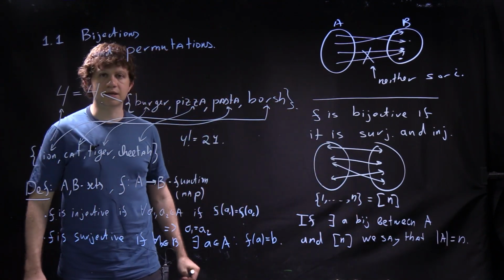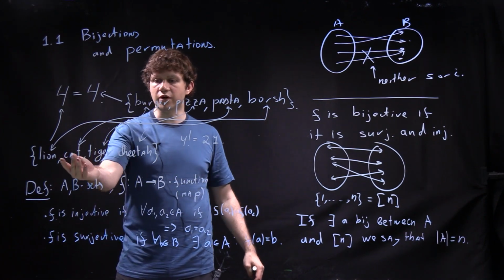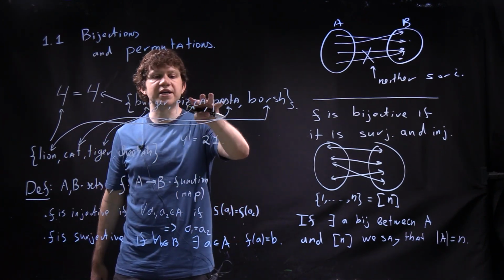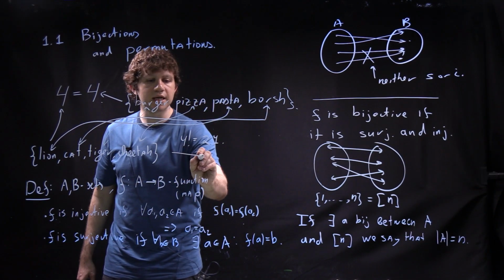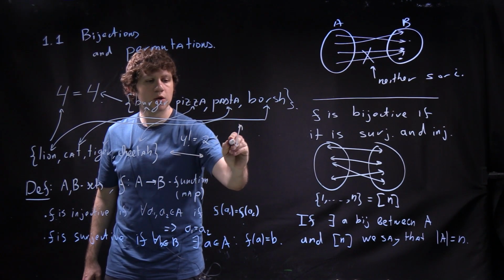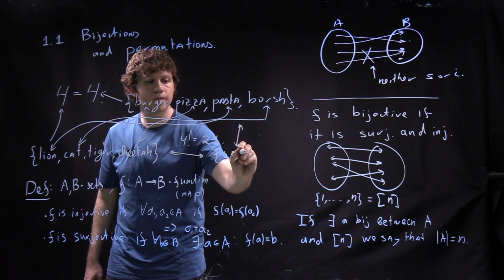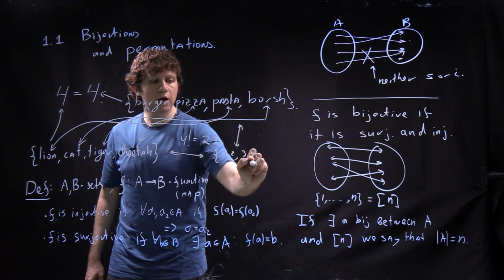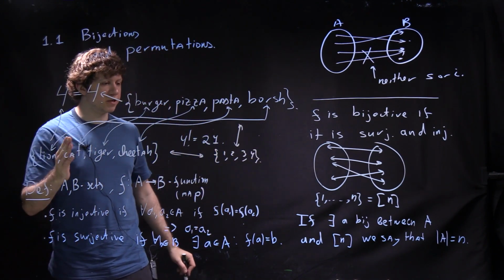So this is this classical idea of sets having elements: 4 elements here, 4 elements there. There is a bijection between both of the sets and the set 1, 2, 3, 4. Okay, so probably this is familiar to everyone.